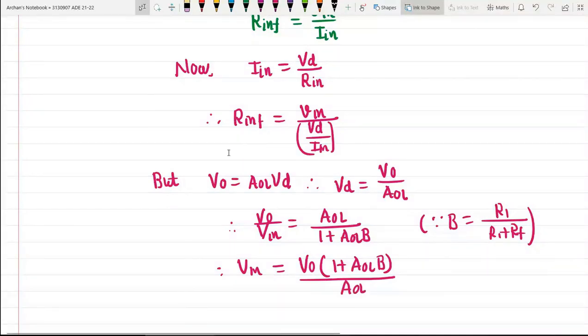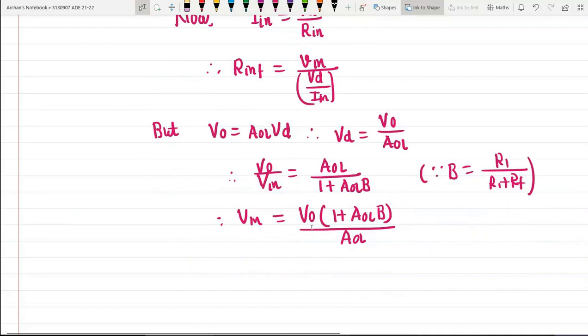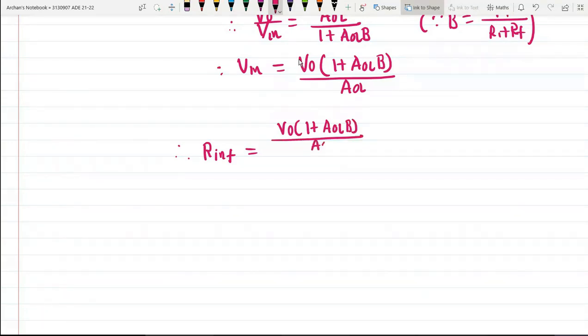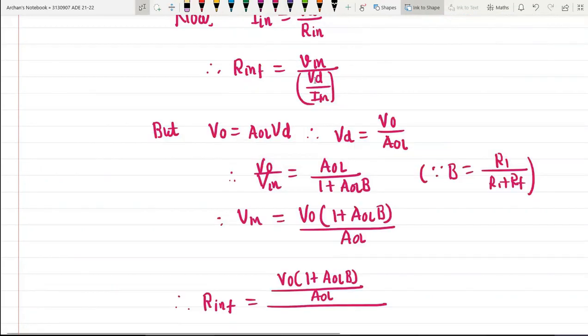So these equations of Vd and Vin, we will substitute into the equation of R in F. Therefore R in F will be equal to V0 into (1 plus AOL times B) divided by AOL. This is the equation representing Vin divided by (Vd by In).